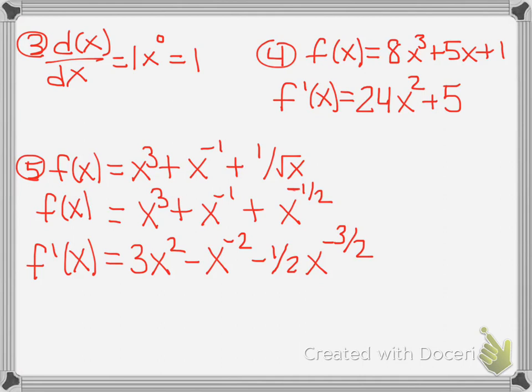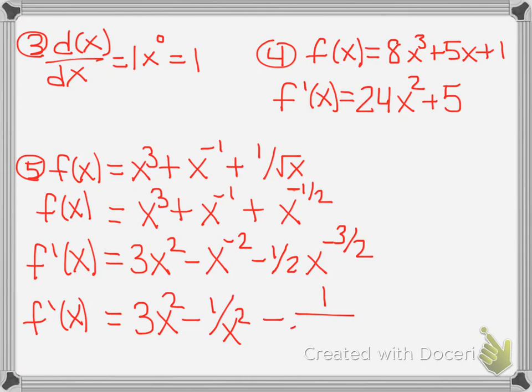You could leave your answer like this, or you could rewrite it with positive exponents: 3x squared minus 1 over x squared minus 1 over 2x to the positive 3/2. Again, these two answers represent the exact same thing. It's just a matter of what directions are given and what notation you have to use.